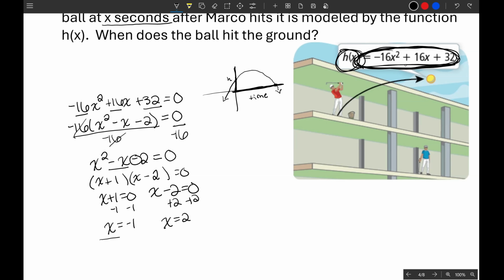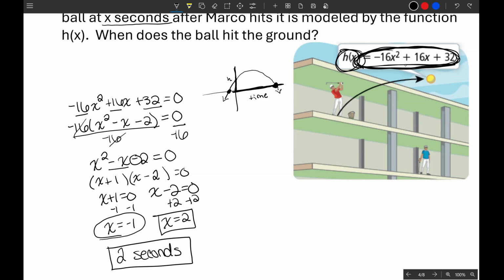Well, I can't have a negative amount of time. That would represent this 0. Whereas this represents this 0. So this is the only x that matters. And since we're in seconds, this would be 2 seconds. So it takes 2 seconds for the ball to hit the ground.